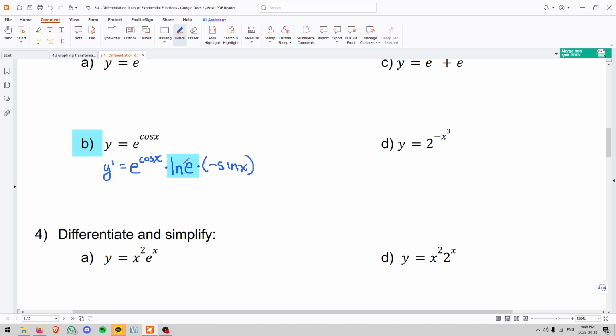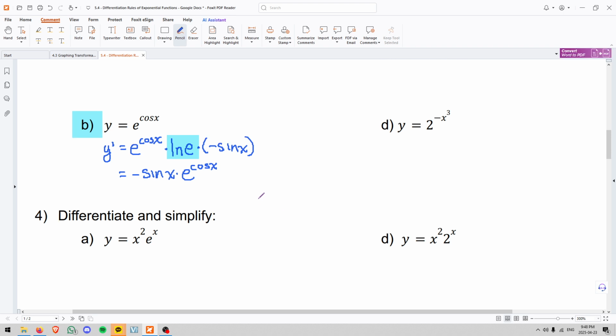Shortcuts come from practice and laziness, not because it's the proper, quote unquote, way to do it. Okay, so simplified, this becomes negative sine x times e to the power of cosine x. There you go. Hope that's good. Let's move on.